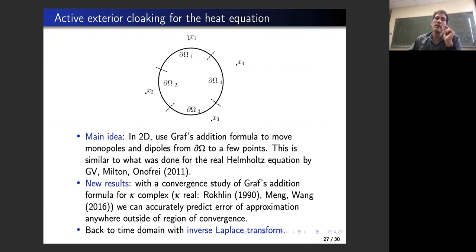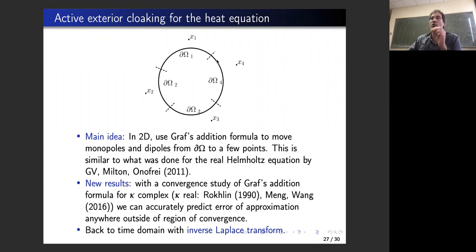What I'm doing here is using a trick called Graf's addition formula to take all the monopoles and dipoles that live on this segment and move them all to X1. There is a caveat to that, but it's not that important right now. In practice, I can move all these monopoles and dipoles to this location here.